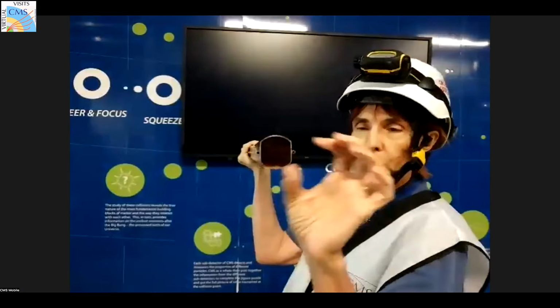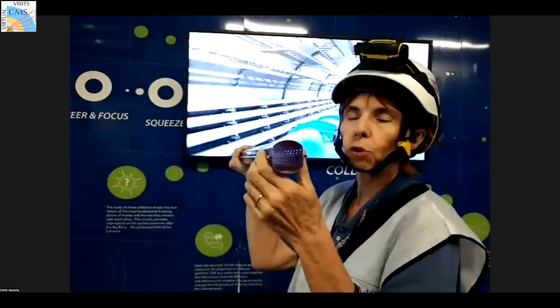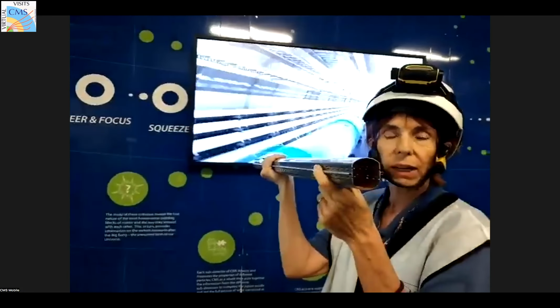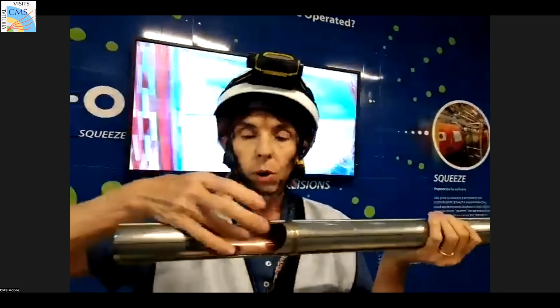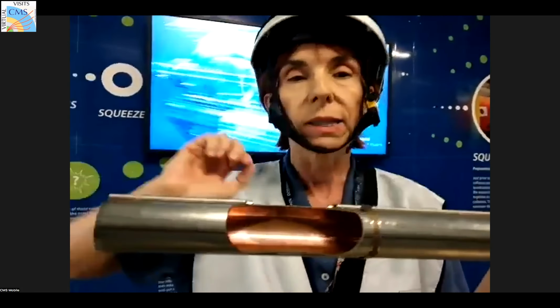I won't stay now to explain everything. Maybe I can leave the floor to Andres and Derek as I go down. But maybe you can see the shape. This is metallic. Here we have a hole where you can see some coating inside.